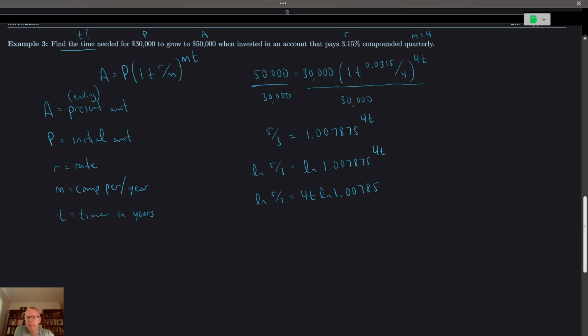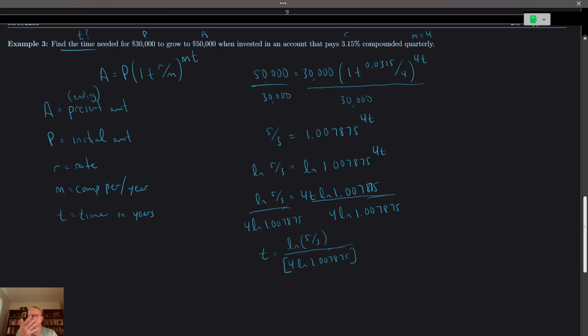And then we can just divide both sides by 4 ln 1.007875. Okay, so now t equals ln of 5/3, put parentheses around that, divided by 4 ln 1.007875, and maybe put parentheses around this in the calculator if you want to do it all at once. You don't really have to, maybe not recommended.